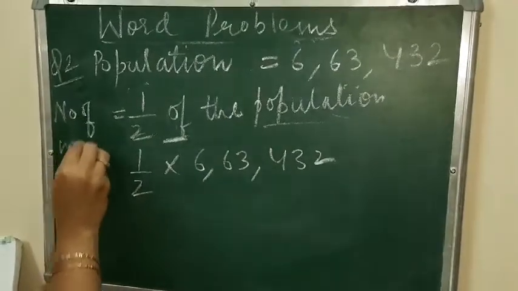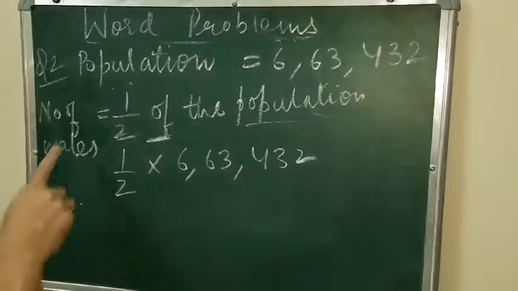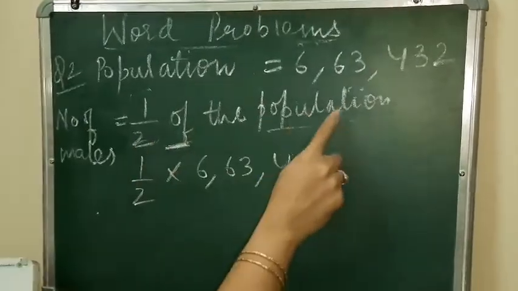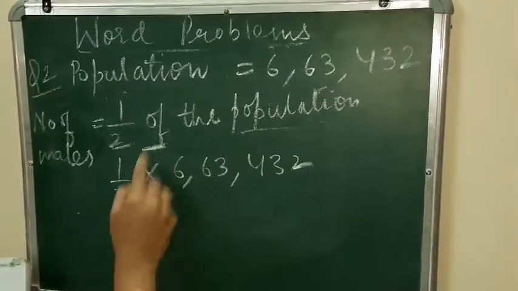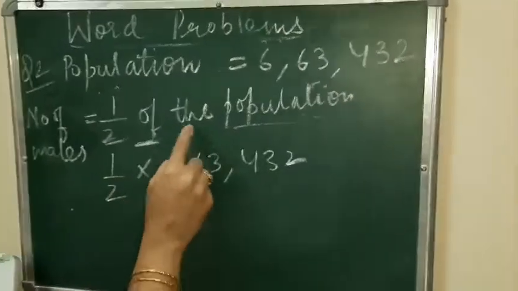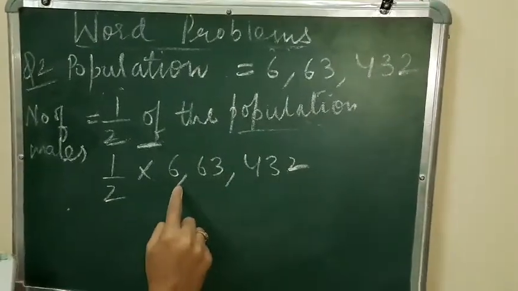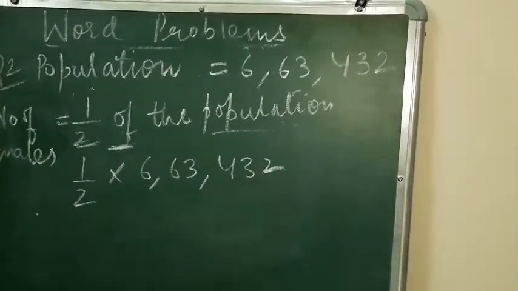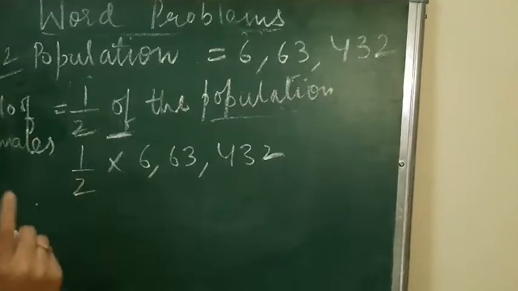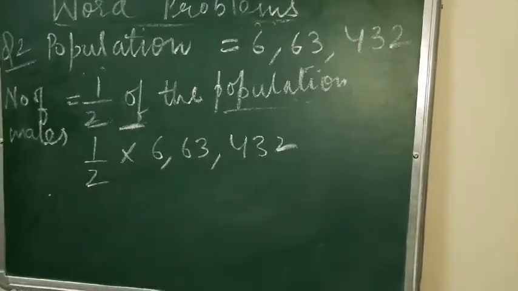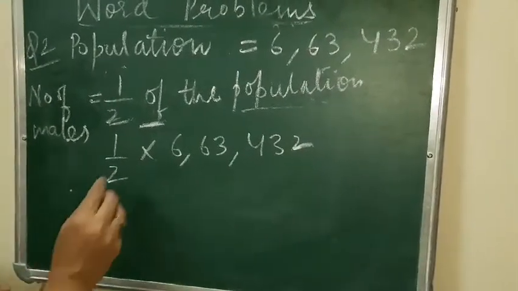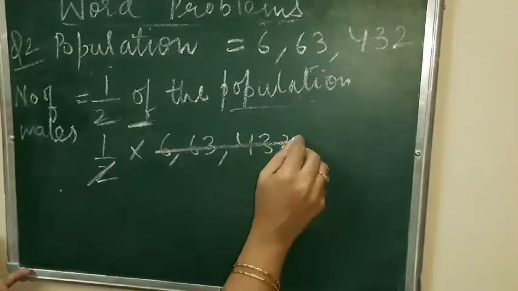So your number of males will be half of the population, and whatever population you have, 6,63,432, you have to solve this, and whatever answer you get, those will be the number of males in the city.